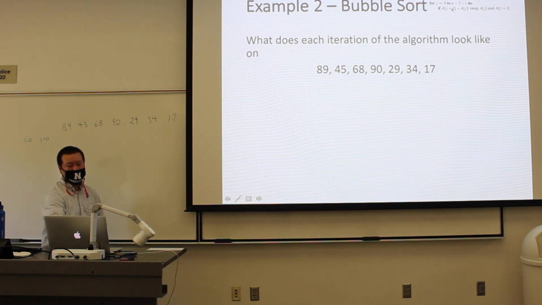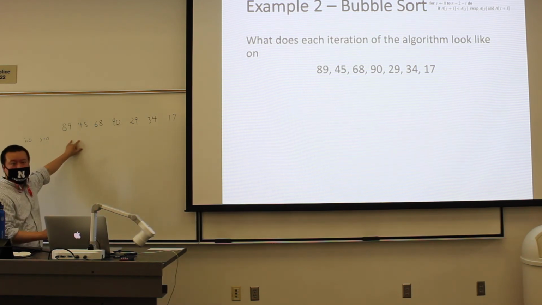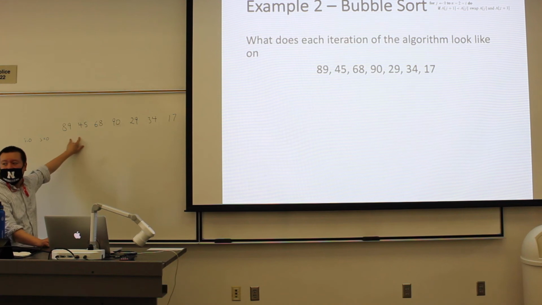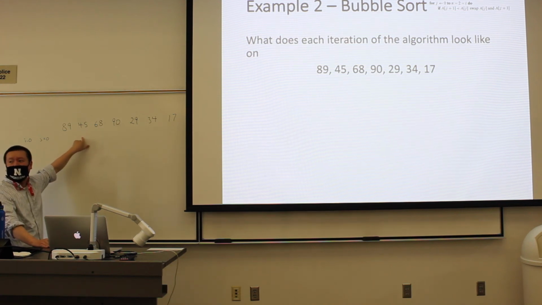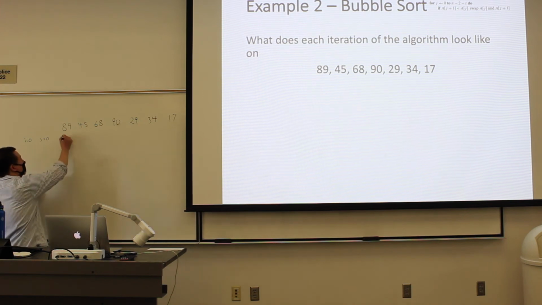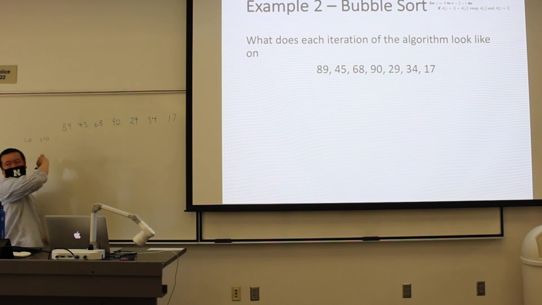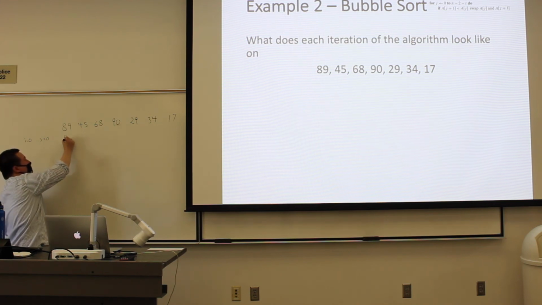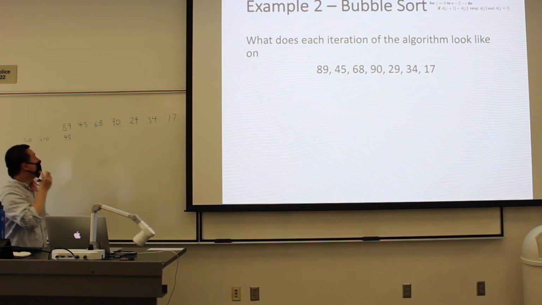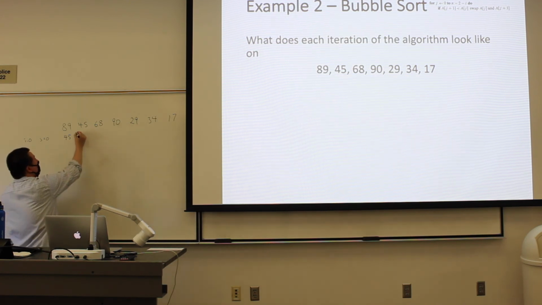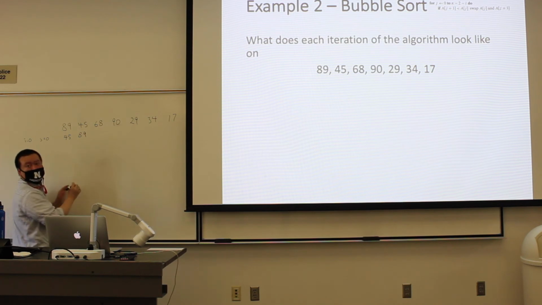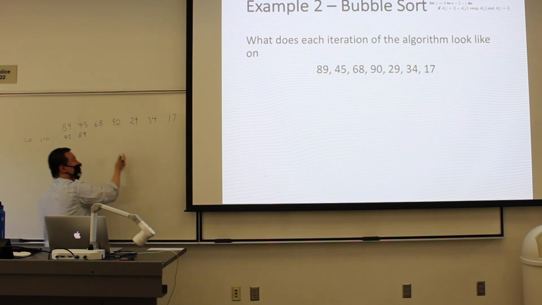You have a[1] and a[0], you're going to swap. What are you going to have? 89 and 45 swap. Then we're going to have 45, 89, and everything else is going to stay the same, because we don't do anything.